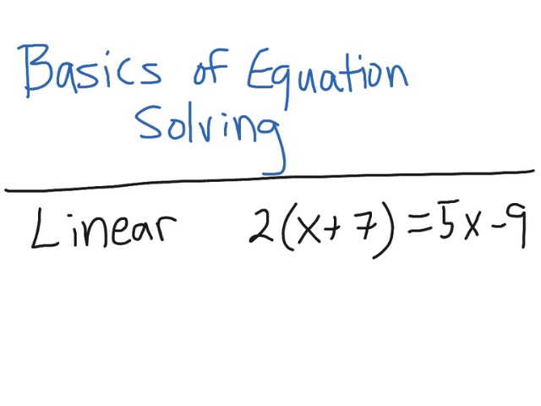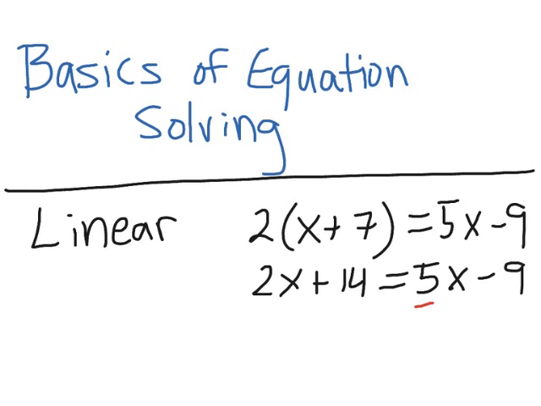So, like I say, I'm sure you've solved many linear equations in your life. This one, you would get 2x plus 14 equals 5x minus 9. You would get all the x's on one side, so you might subtract 5x on both sides. And you would get all the numbers on the other side. So subtract 14 on both sides.